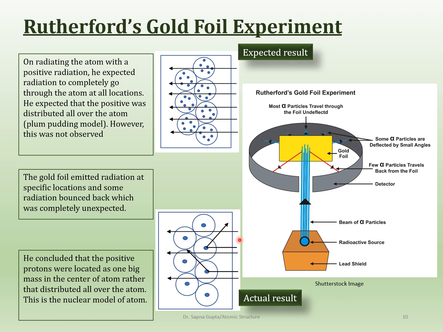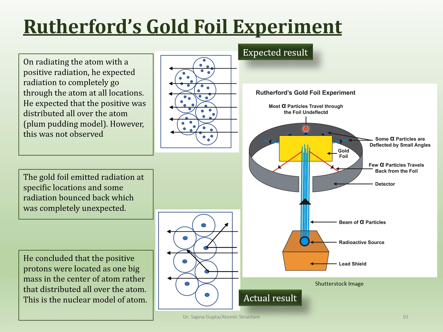So he set up his experiment, which is called the gold foil experiment. The gold foil is right here, and over here is like an X-ray film sort of thing, and then he put the sample right here. He bombarded it with positive particles.